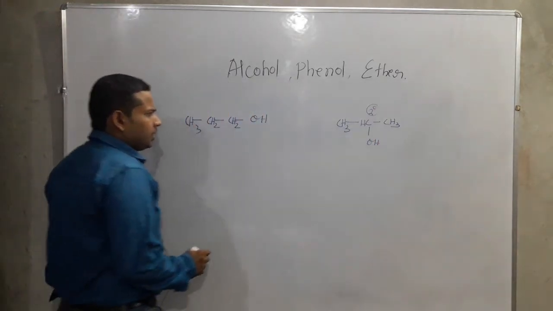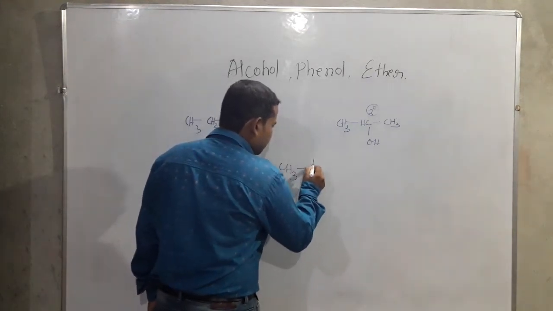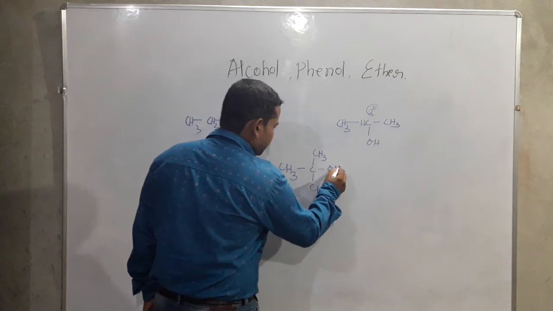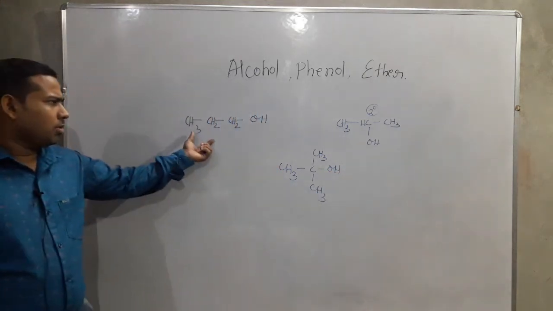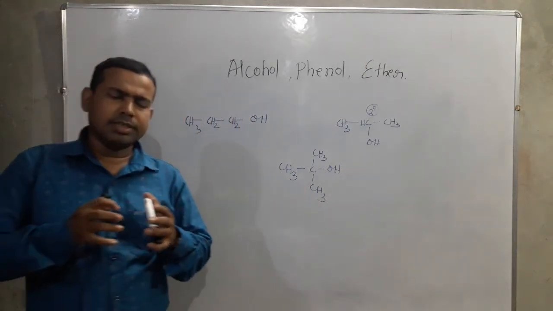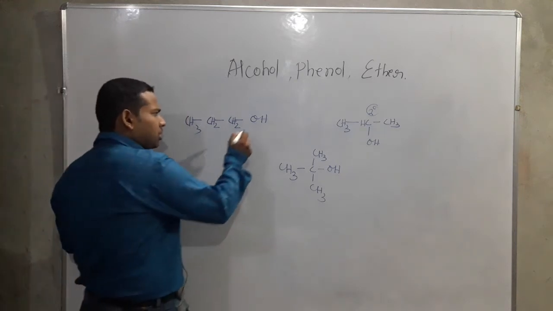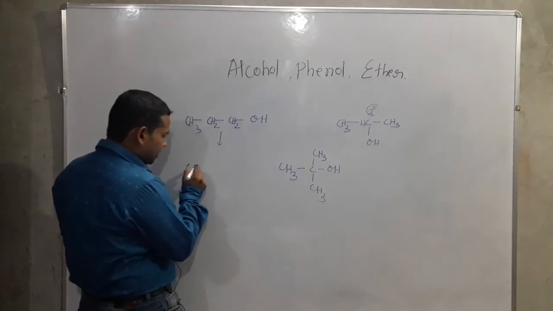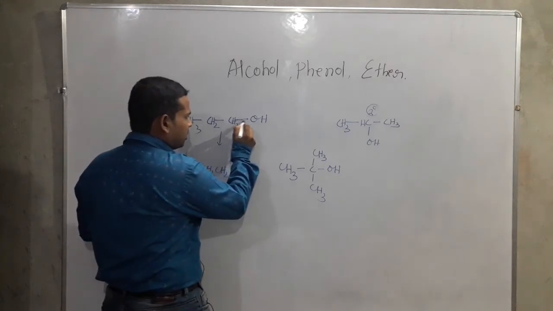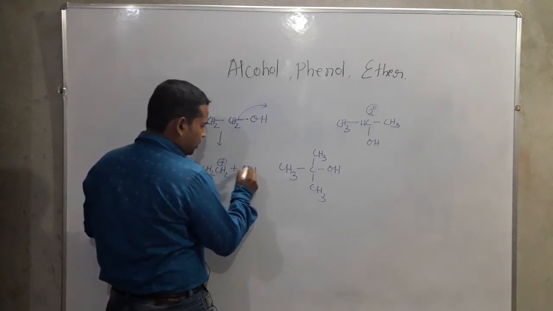Another one: CH3, then C, CH3, CH3, OH. This is a tertiary alcohol. The primary alcohol, then this is secondary alcohol, this one is tertiary alcohol. Alcohol is generally basic in nature, because if alcohol dissociates it forms a carbocation plus OH minus.